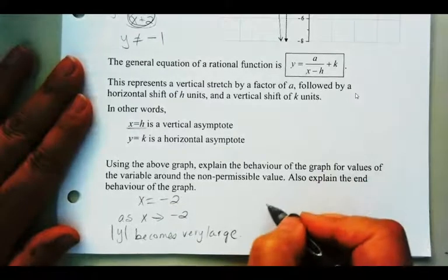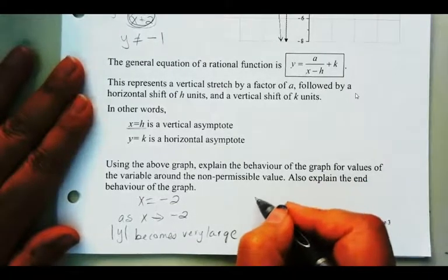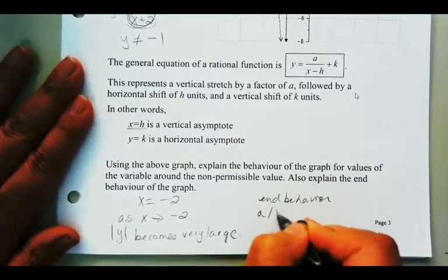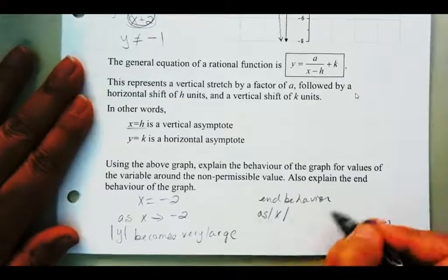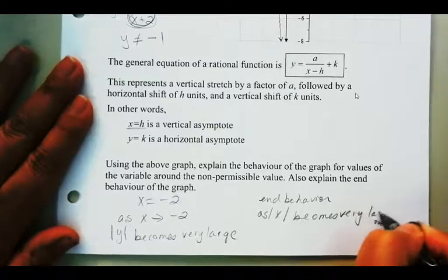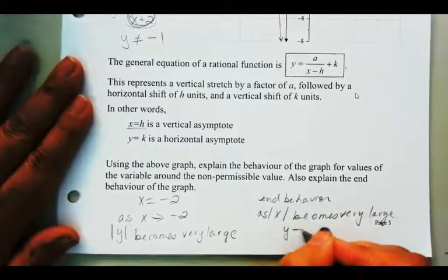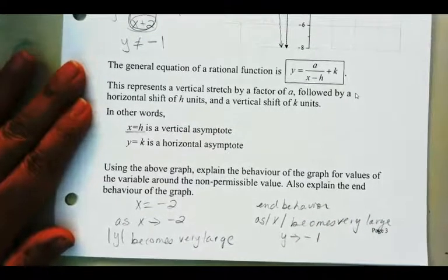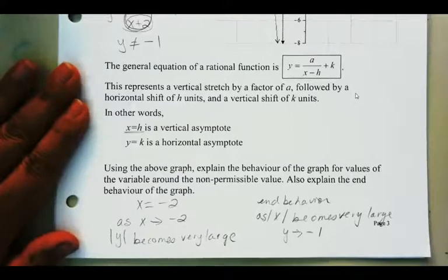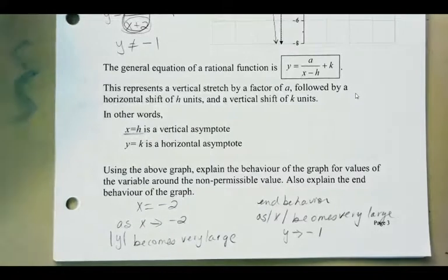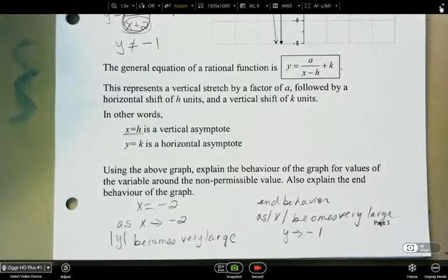And what can you tell me about the end behavior? As the absolute value of x becomes very large, y approaches -1. Okay. So you want to look at what the graph is doing and where it's going based on the asymptotes it's approaching. Okay.